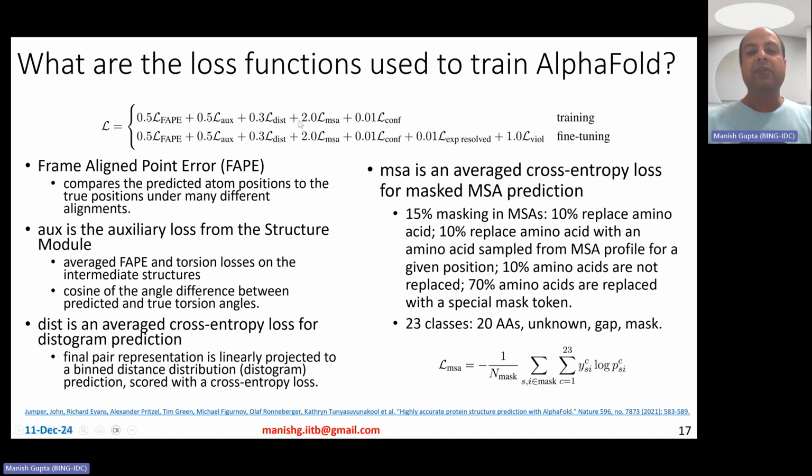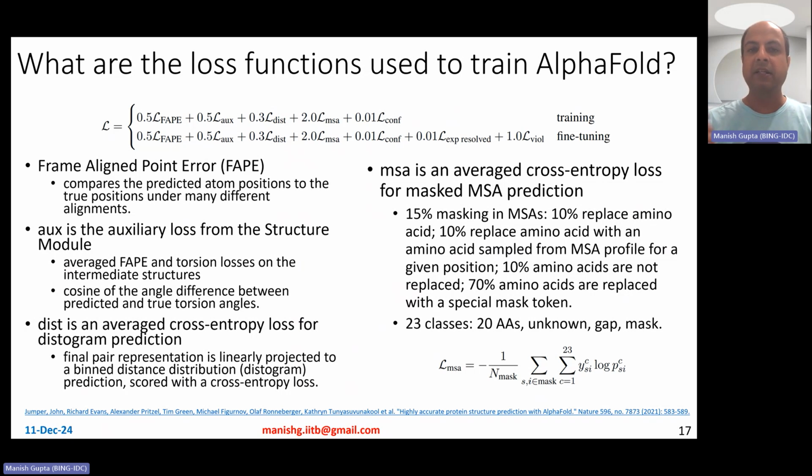Okay. Let me talk about these losses one by one. Overall, you see there are 7 losses. I'll talk about some of them here and some of them on the next slide. Okay. Let's start with the FAPE loss, or the frame aligned point error loss. Here the idea is you take the predicted atom positions and the true positions and compare them to design this frame aligned point error loss.